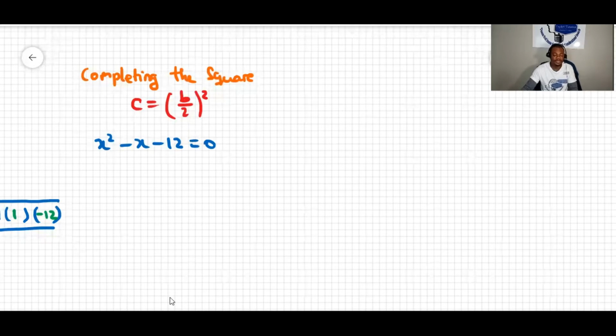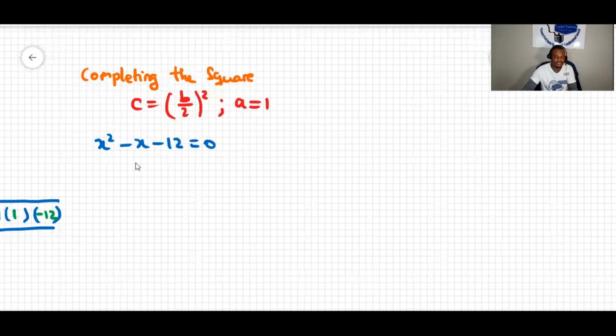Now you use this formula only when a is equal to 1. So first thing, you could notice that c, which is the last value, the constant, 12, is not making a perfect square. We want to make 12 a constant number such that here we have a perfect square.